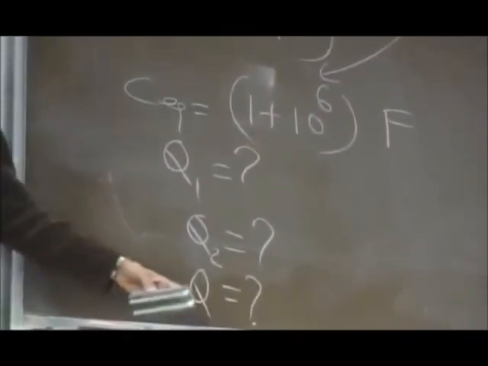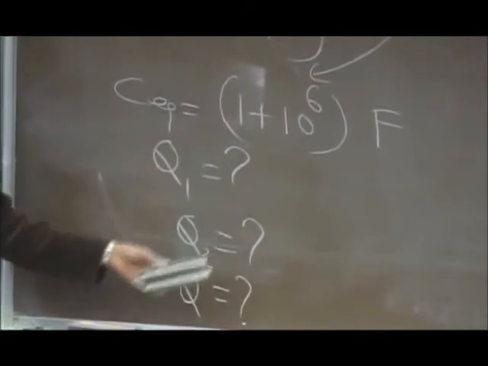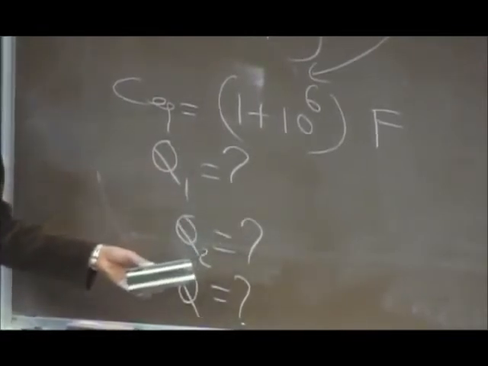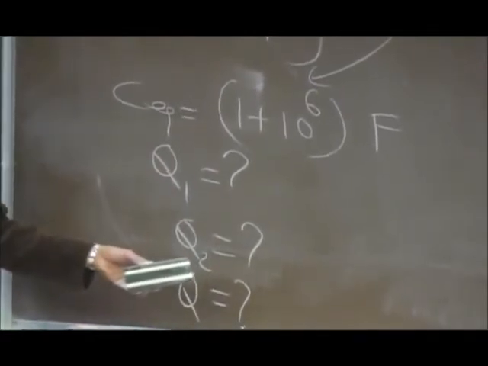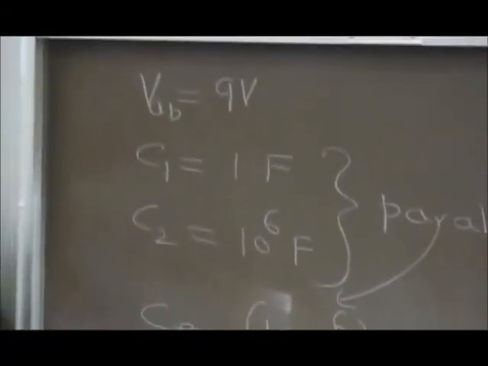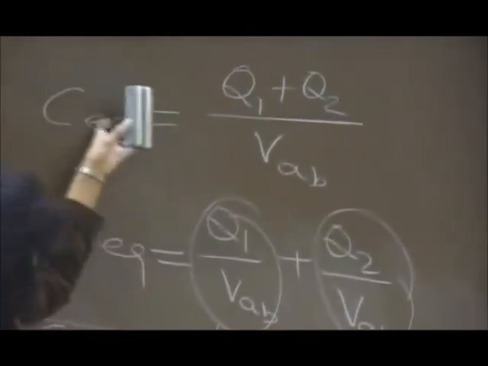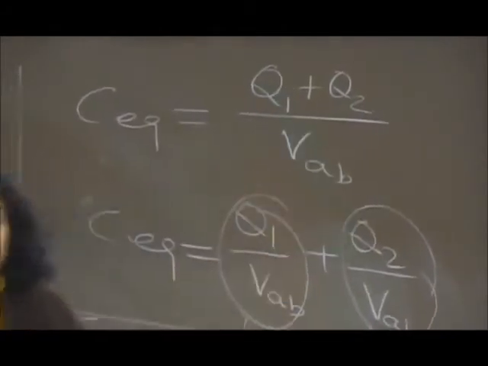Okay, who wants to tell me what would be the next thing to tackle? Q total. Q total will be the next thing that would be easy to tackle, because we know that Q total should be equal to C equivalent times VAB. Isn't that true?